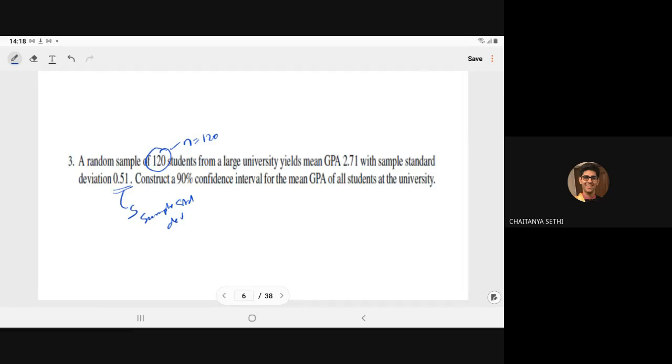So you have to find the confidence interval for mu, meaning mu must be included in the interval which you compute through x bar from a sample of size 120. x bar is given to you as 2.71.